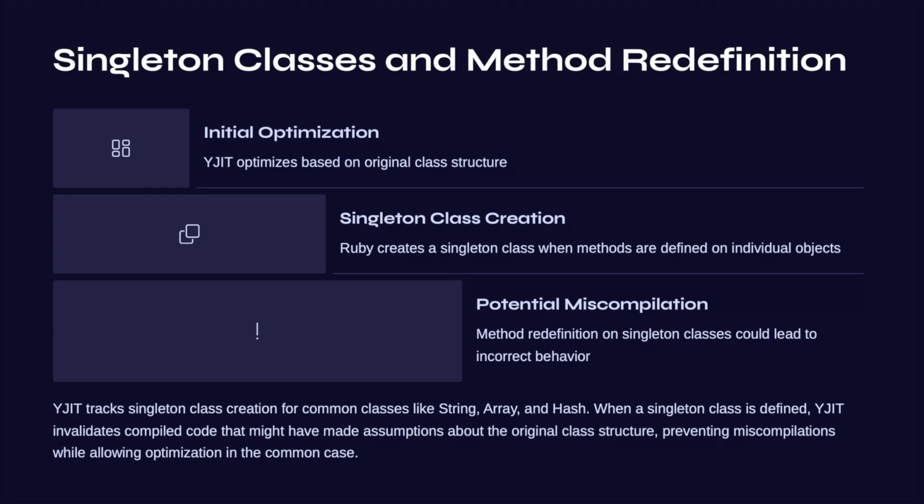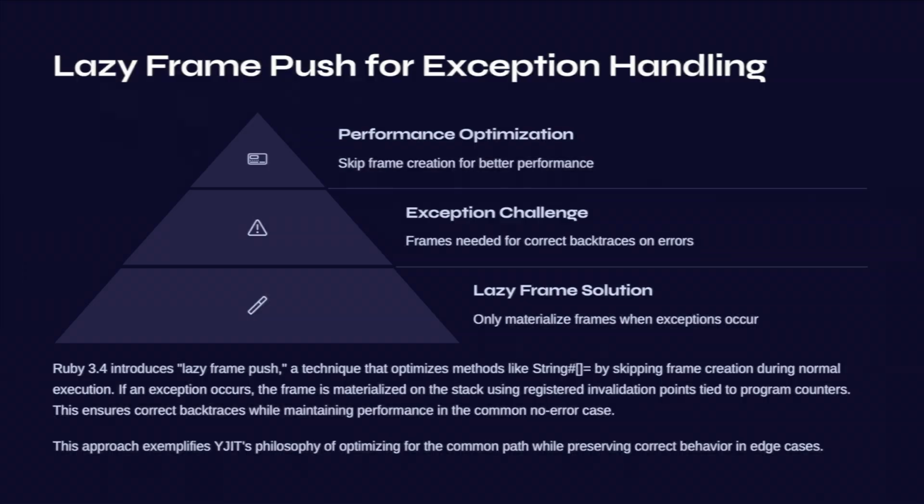That's bad. How does 3.4 stop that? YJIT in 3.4 got smarter about this. It now specifically tracks when singleton classes are created for objects of common, heavily optimized types: string, array, hash. It watches for them. Yeah. If it sees a singleton class get created for, say, a string object, it invalidates any compiled code that might have made assumptions about string methods for that specific object, or potentially for strings in general in certain contexts.